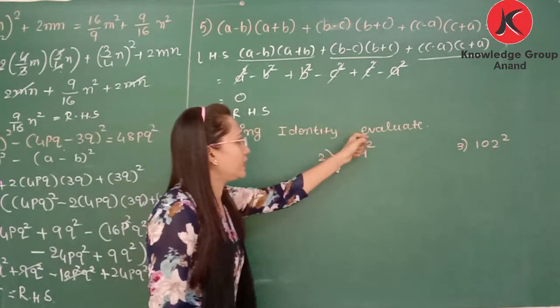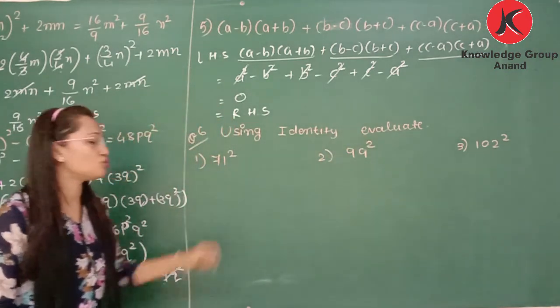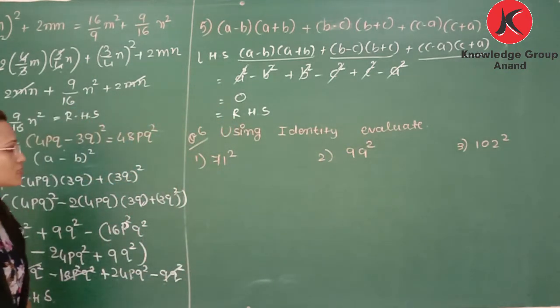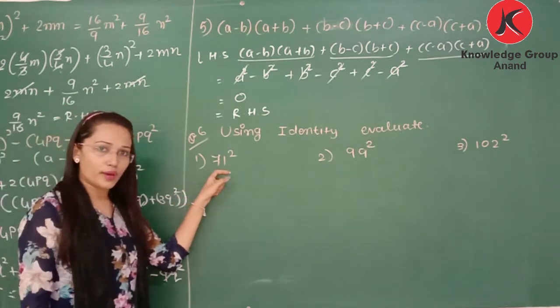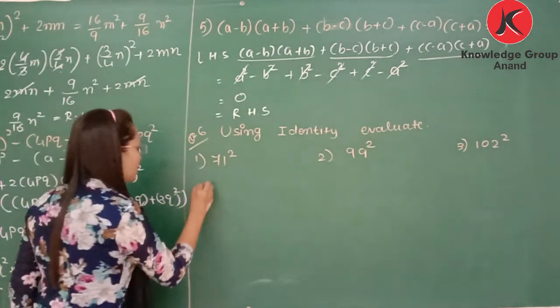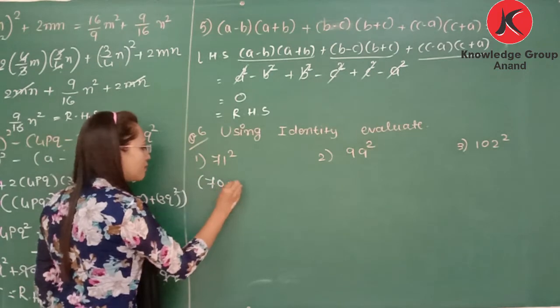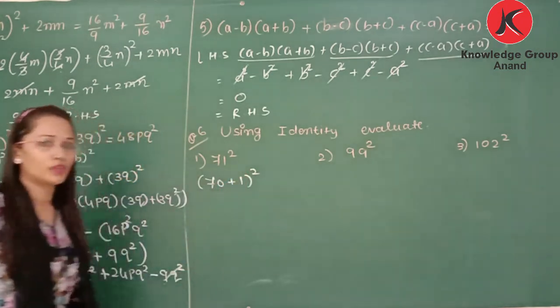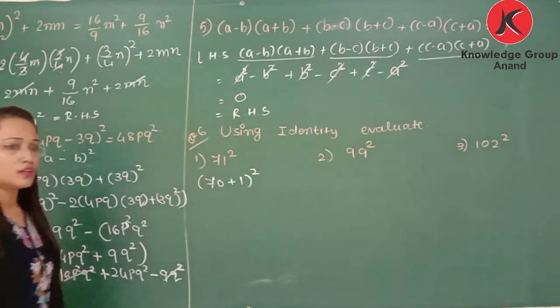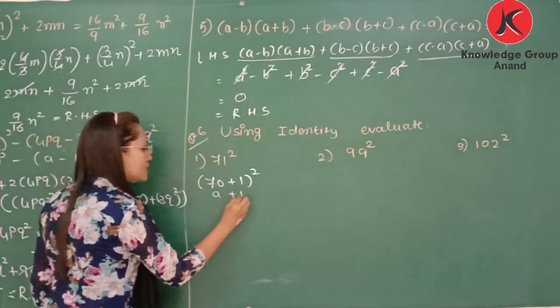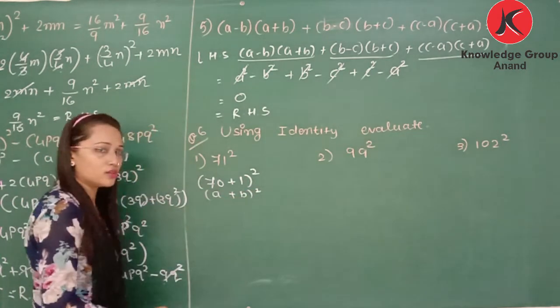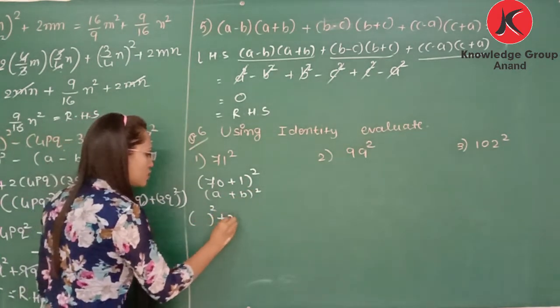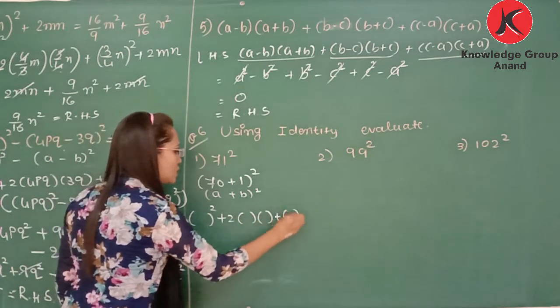Now, question number 6. Using identity evaluate. So here you need to use the identity and find the answer. 71 square. So here you can find 71 can be written as (70 plus 1) whole square. Now which identity is this? This is (a plus b) whole square. So a square plus 2ab plus b square.